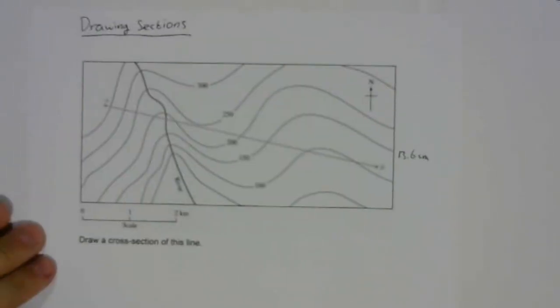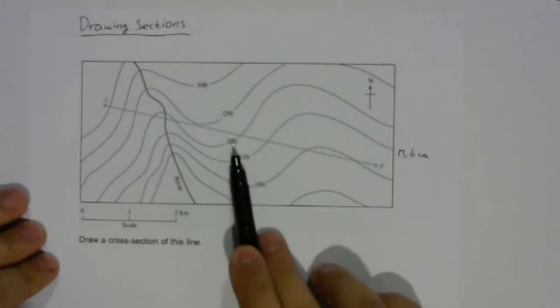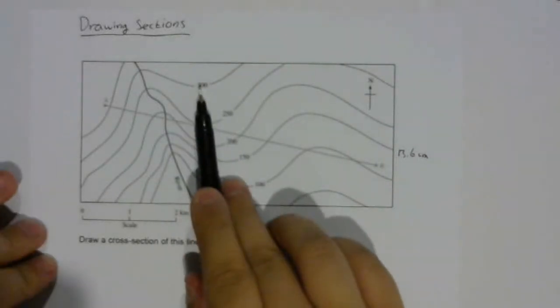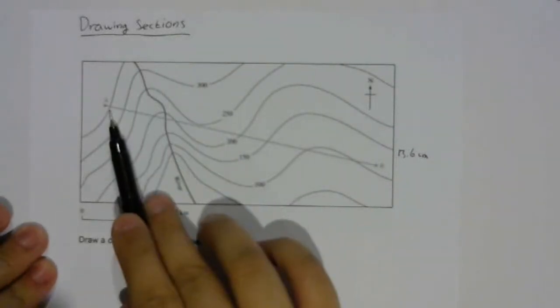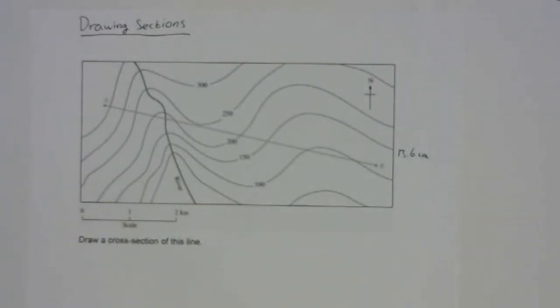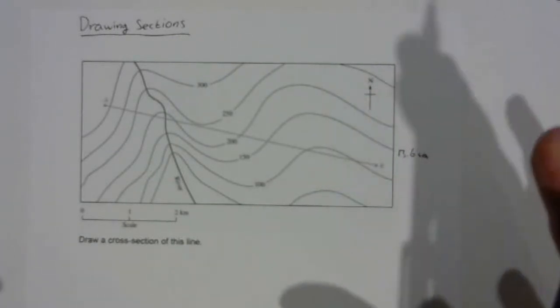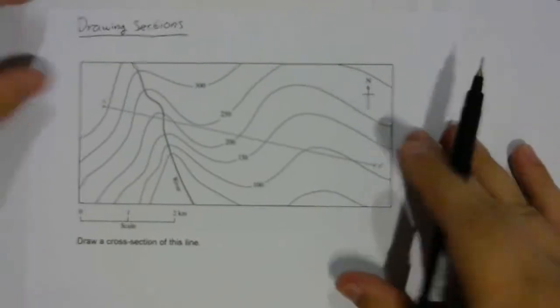Okay, going back to my map, I've got heights of 50, 100, 150, 200, 250, 300, and this one goes up even more to 350. So I need to be able to fit at least up to 350, and preferably up a little bit to 400 meters into my diagram.